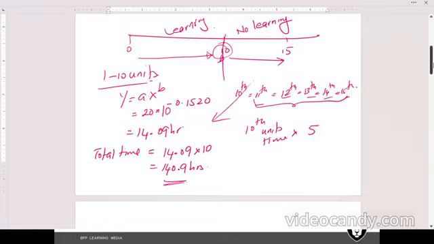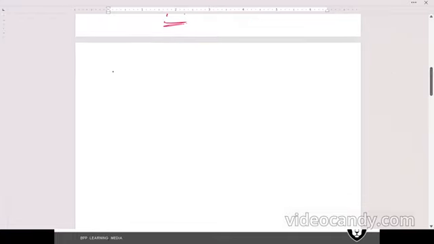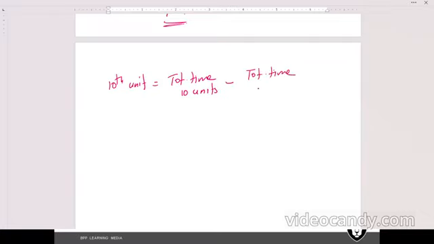Not so difficult. The 10th unit's time is the total time for 10 units minus the total time for 9 units.